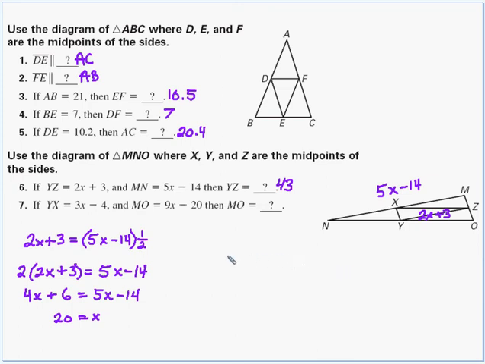For number 7, we can use a similar process. XY equals 3x minus 4, MO equals 9x minus 20. I'm going to double XY and set it equal to MO.